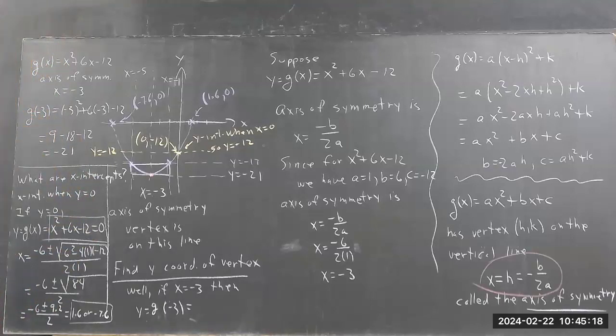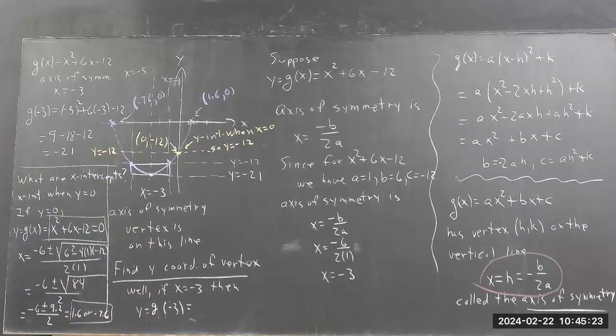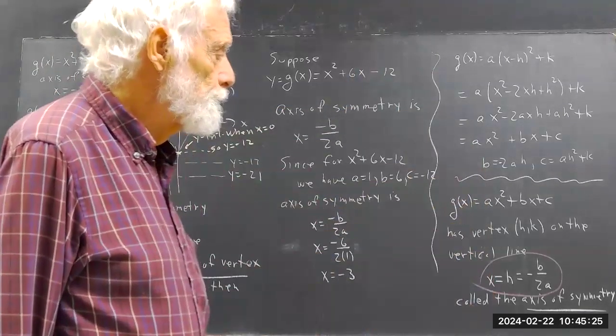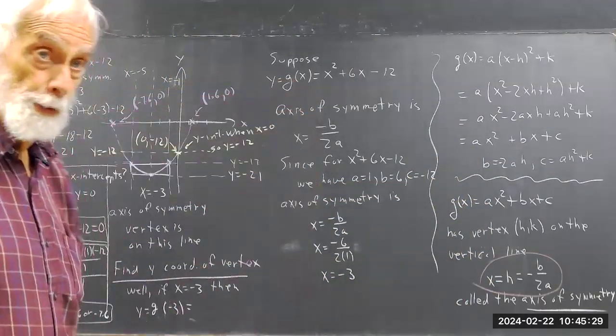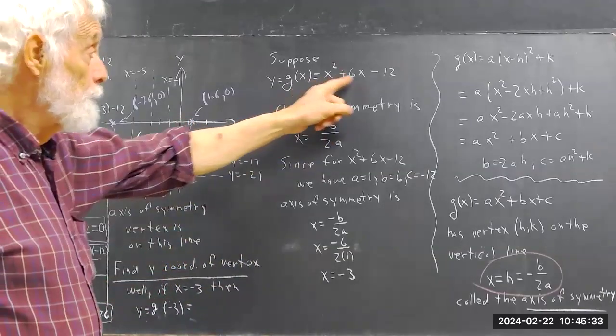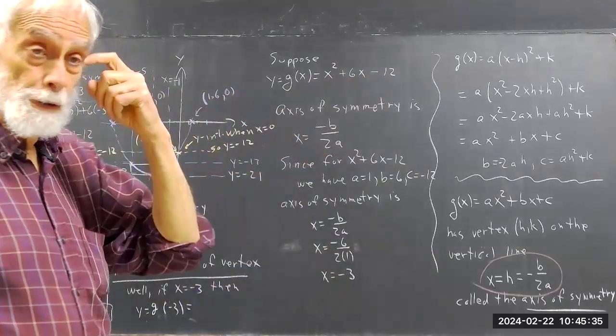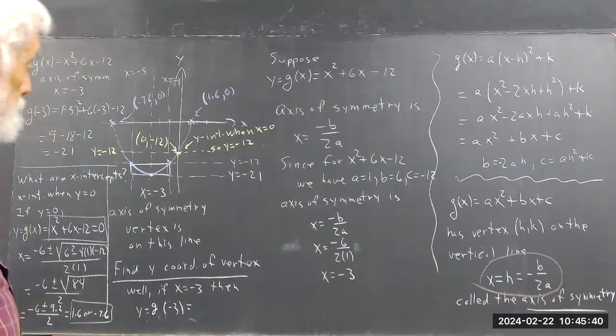Okay, well, that's kind of a lot to digest, but it's actually fairly simple. If you need to ignore the reasons for this, the axis of symmetry is at -b over 2a. For any quadratic function, you can find its axis of symmetry, and you can sketch it.